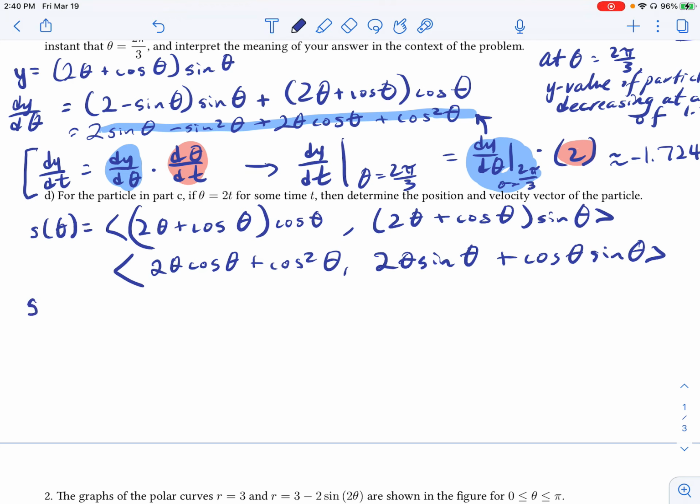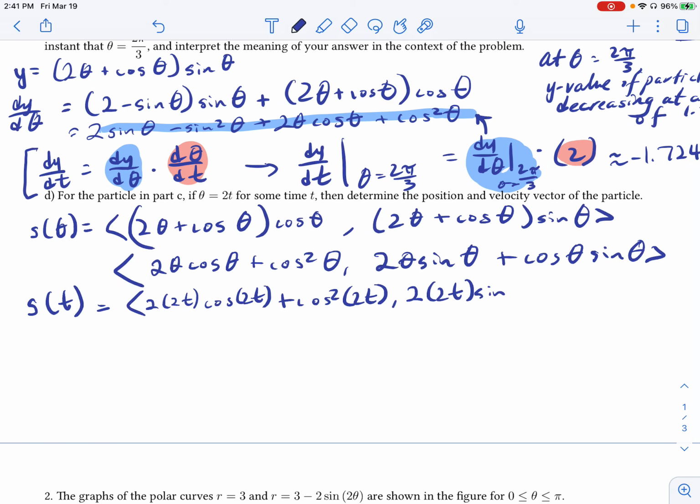Now I'm ready to write this position vector in terms of t. So we're going to write this as 2 times 2t cosine 2t plus cosine squared 2t, and then 2 times 2t sine of 2t plus cosine of 2t and sine of 2t.